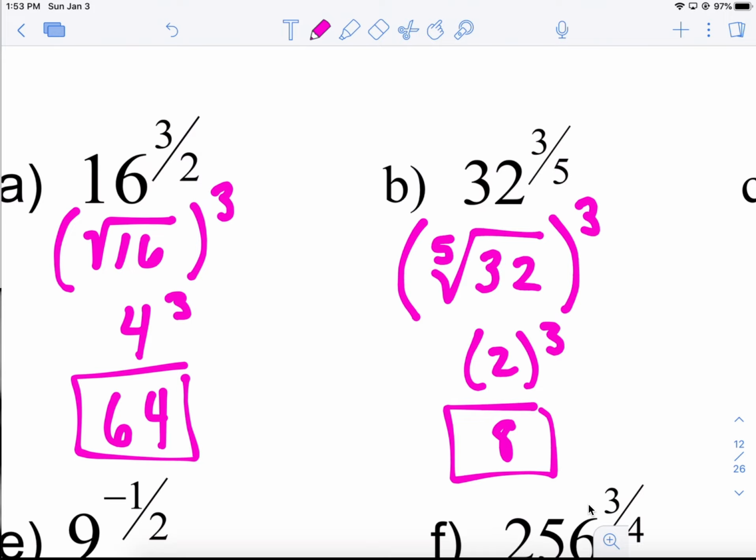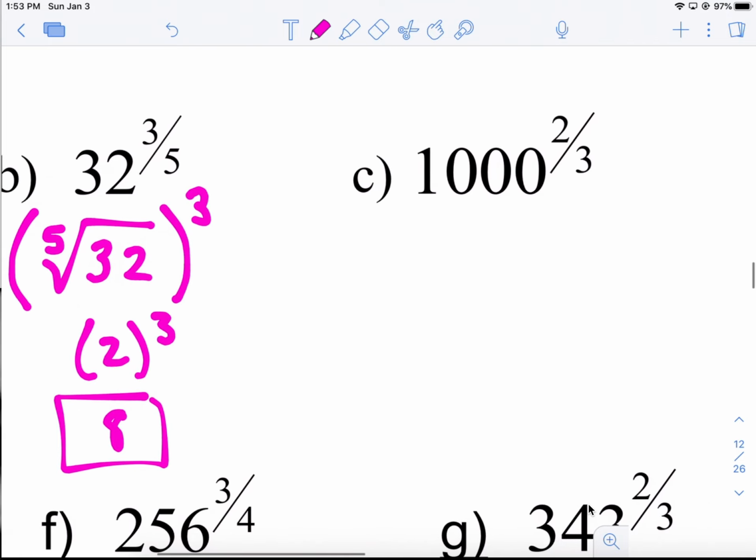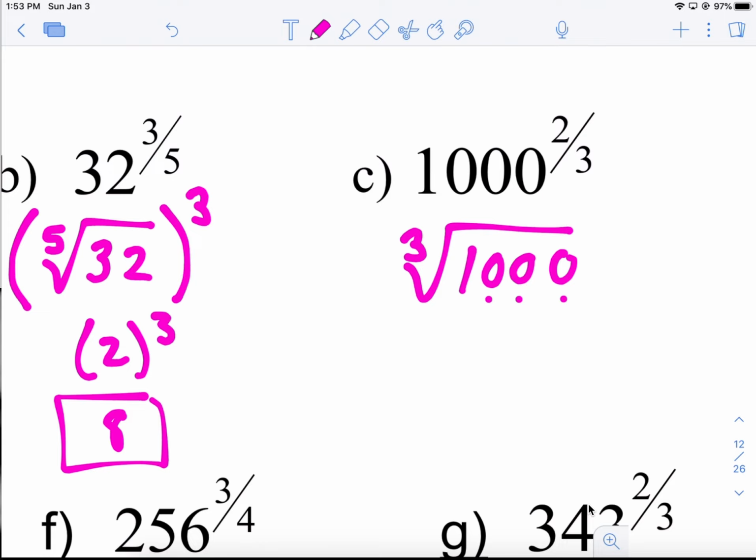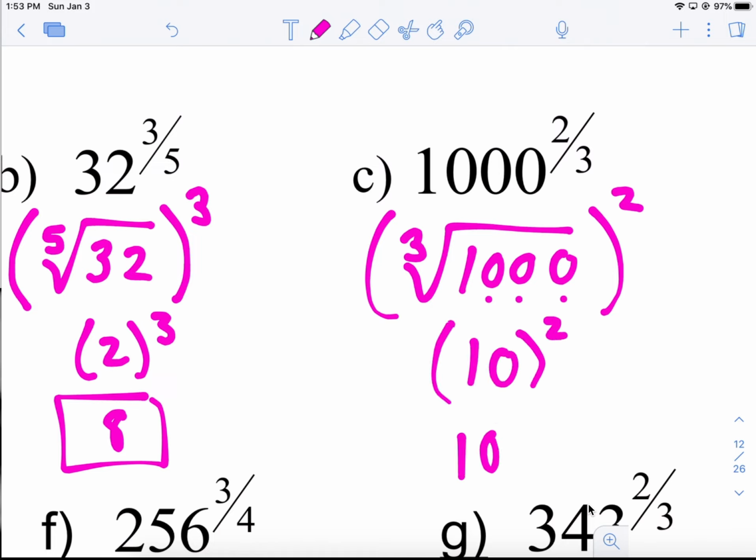Some of these, it's going to be easier to apply the power first before doing so, and we'll talk about that in a second. Okay, moving to this one. I know that it's easier to take the cube root of 1,000 because I have 3 zeros here. Just like the square root of 100 is 10, the cube root of 1,000 is 10. So I'm going to do that first. I'm going to cube root to get 10, then square it to make 100.